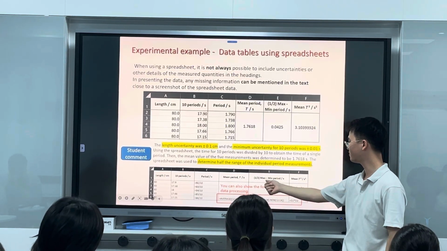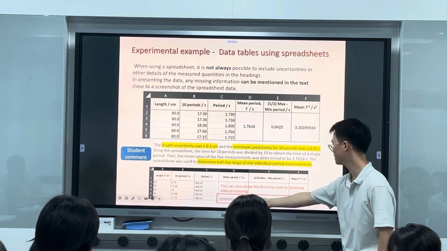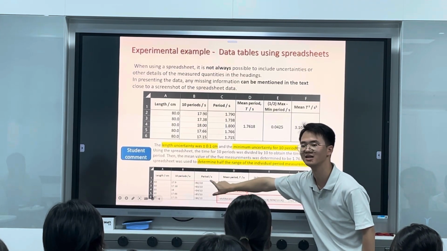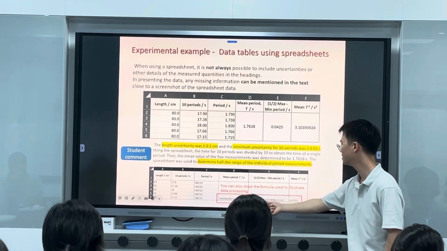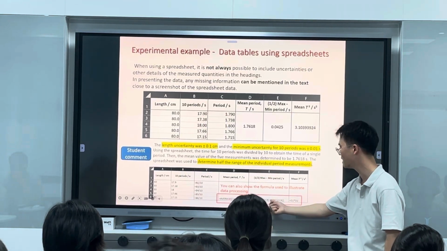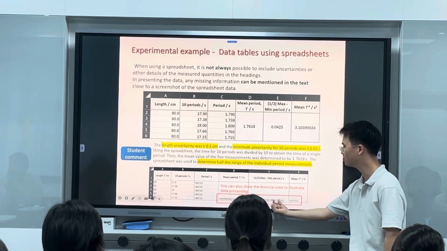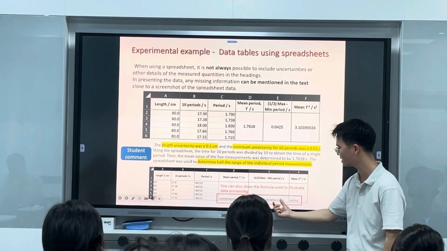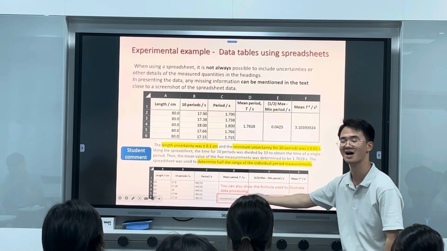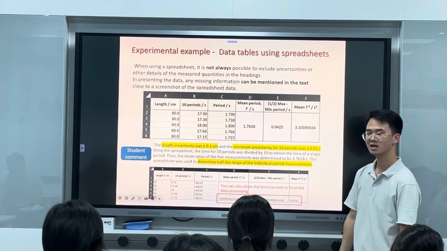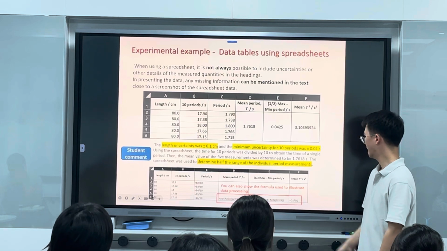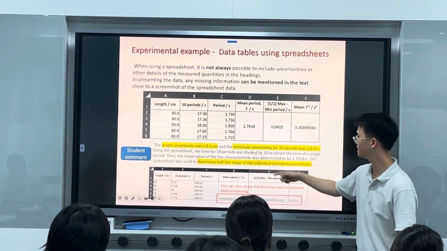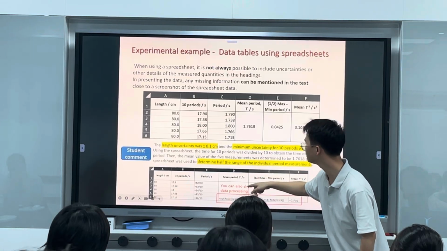And here, for half of the max minus min, you use the MAX function, which will automatically find the maximum data in the range of C2 to C6, and the MIN function, which will give you the minimum data in the range of C2 to C6, and then times 0.5 gives you half the range. Okay? Use technology. And lastly, we use D2 times D2. D2, where's D2?